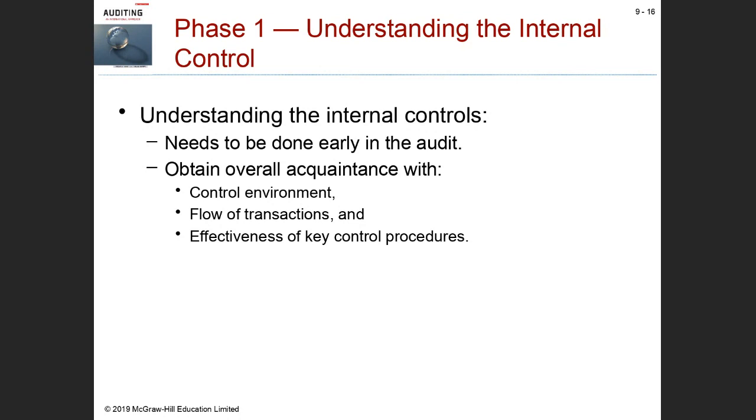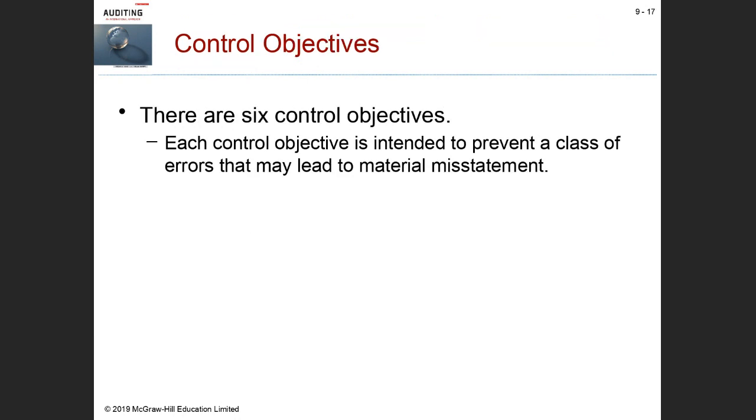Management has hundreds of internal controls built into their accounting system and their business operations. But many of those are not relevant to the financial statement audit. So when the auditors document management's internal control system, they select what they would consider the best controls, and they refer to those as the key controls in the organization. Those are the ones that the auditors are going to test.